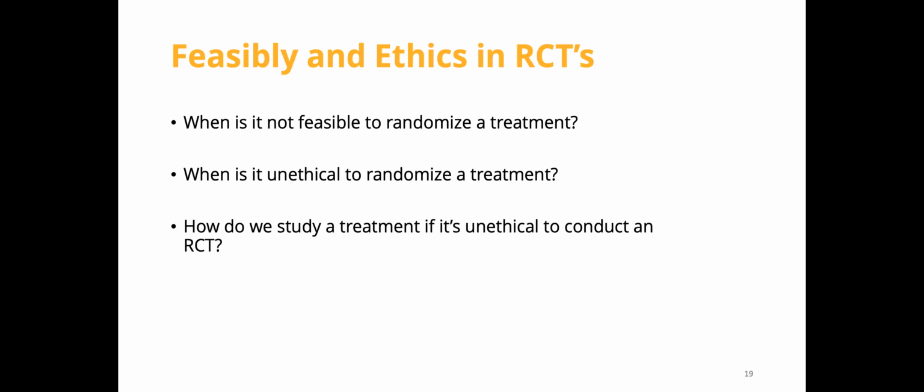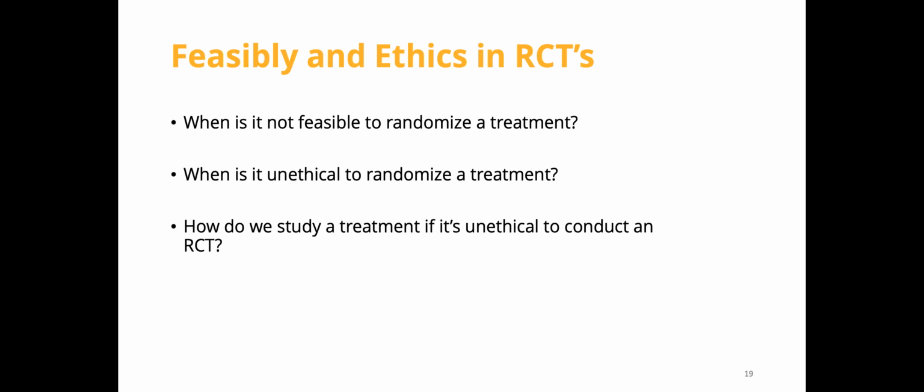So that's related to the feasibility of a randomized controlled trial. Then we have to think about how we study a treatment if it's unethical to conduct an RCT, and we're going to get into that later in the course.